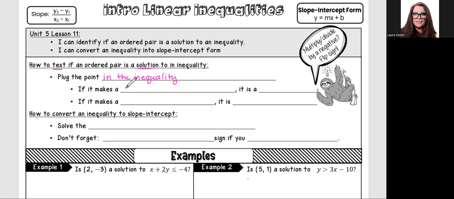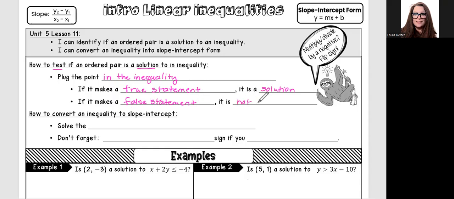If it makes a true statement, it is a solution. And if it makes a false statement, it is not a solution.